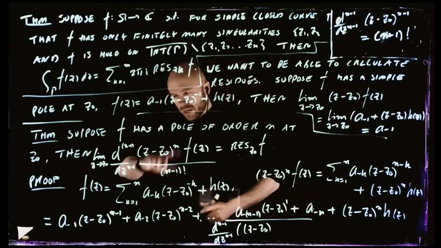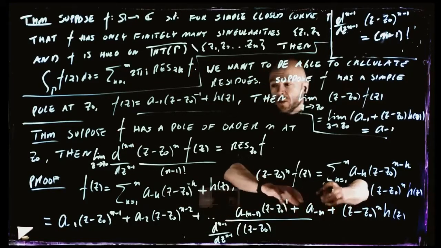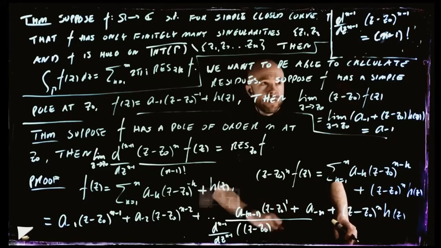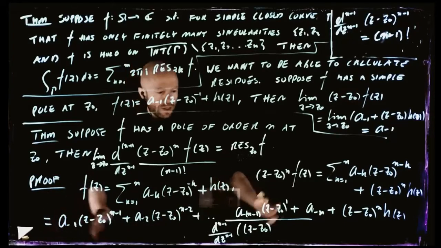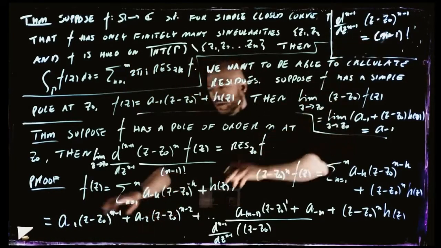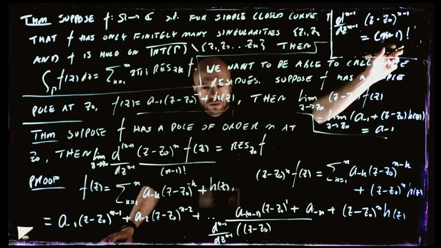So this thing right here, if it's true, then we should not have this guy playing a role, because we've seen that the only thing that is remaining when we differentiate all of these guys is just the thing that we want, the a minus 1 coefficient and then n factorial. You see what I mean?